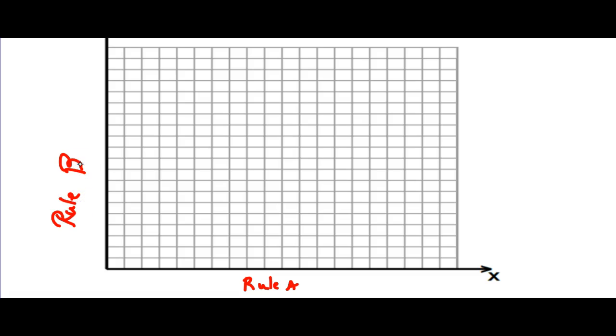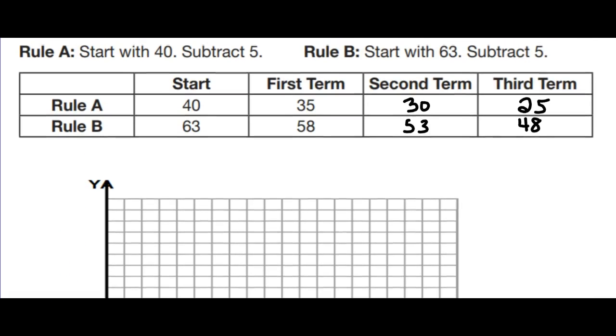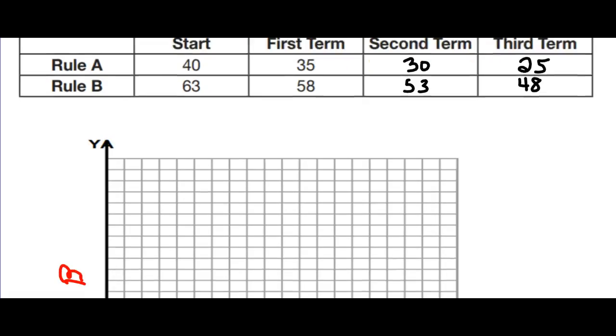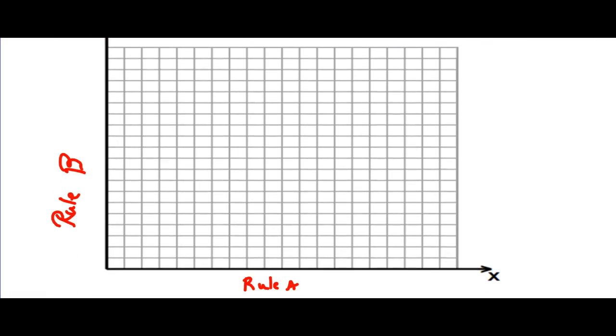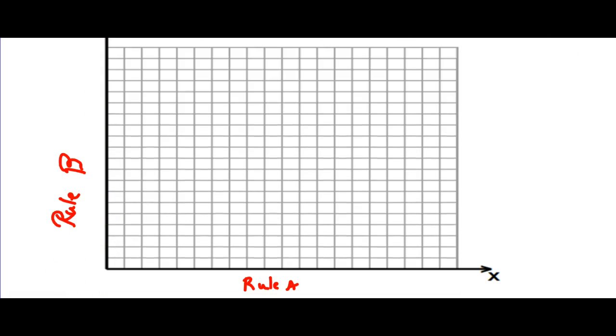For rule A, I need to get from 0 to 40, and I got to get the whole way to 63 for rule B. So I'm just going to go 0, 10, 20, 30, 40.